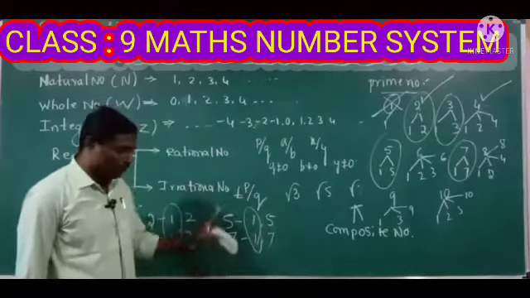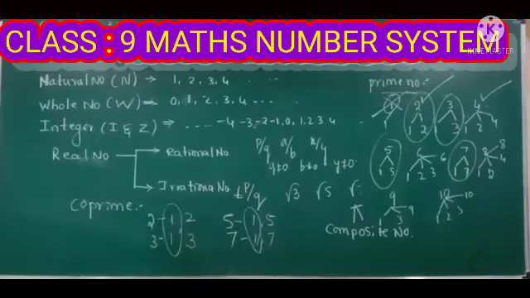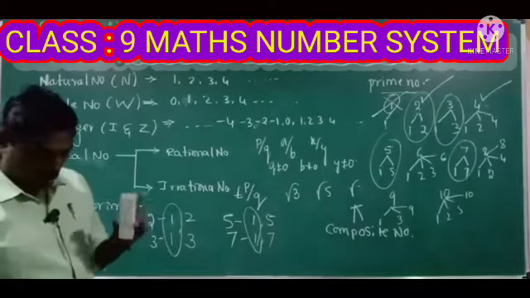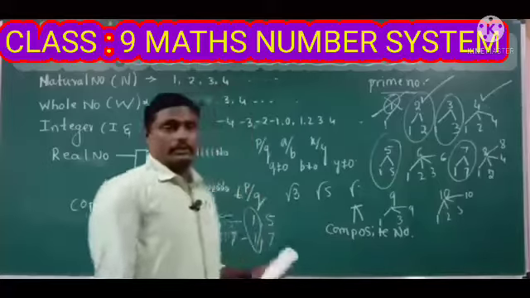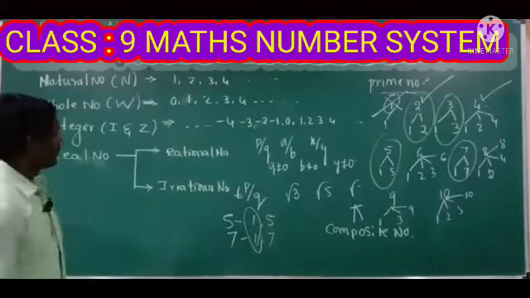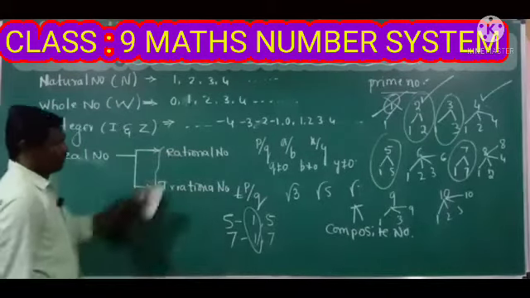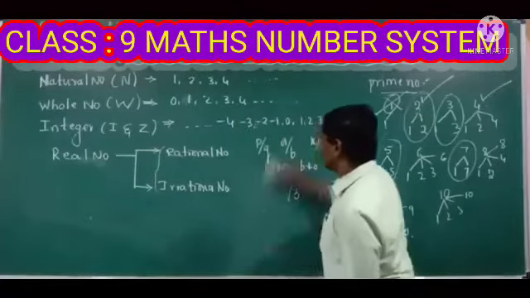These types of numbers are called co-prime numbers. All co-prime numbers have the common factor 1 only. But now in this chapter we are discussing only these two concepts, rational numbers and irrational numbers.